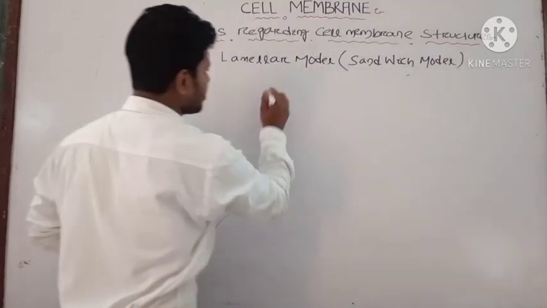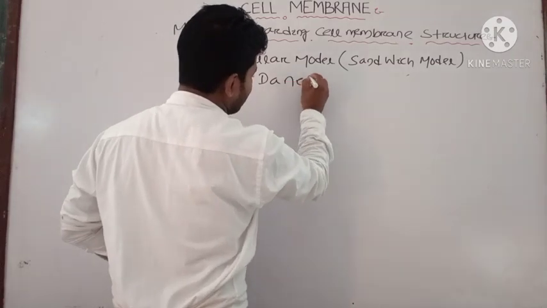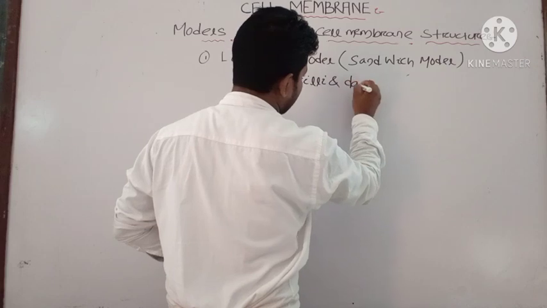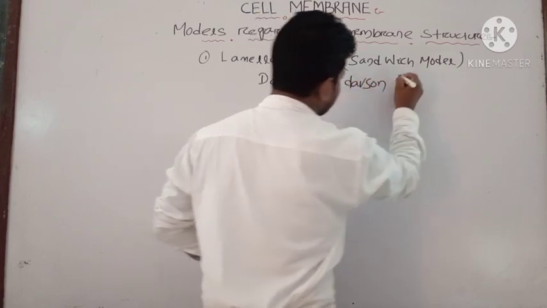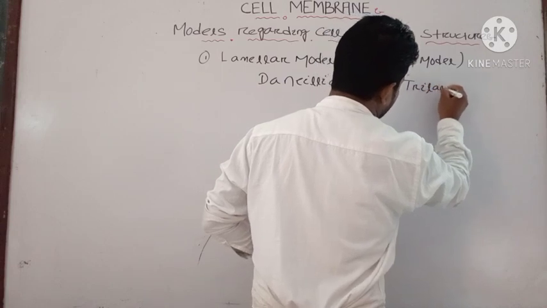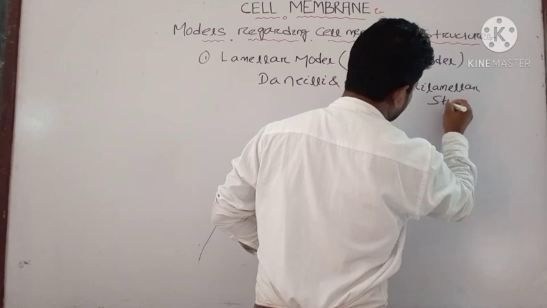This model is known as the Danielli and Davson model, or the trilamellar structure.